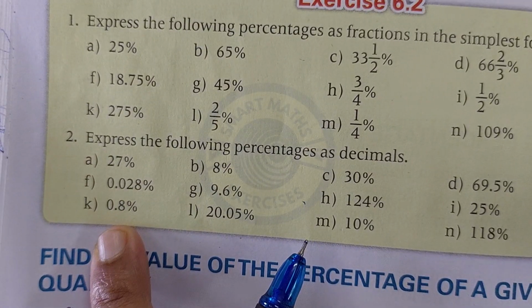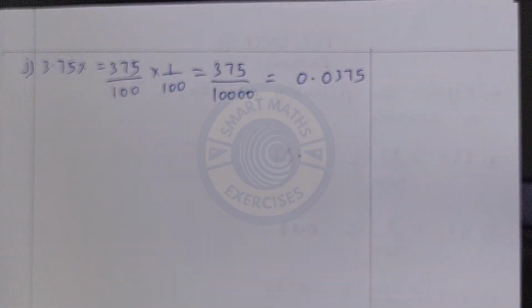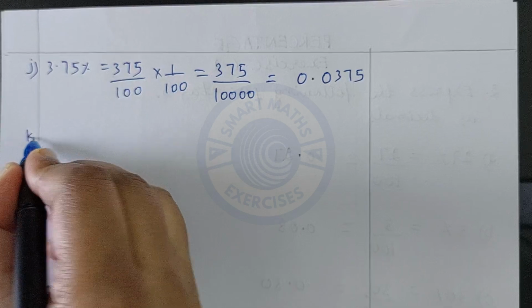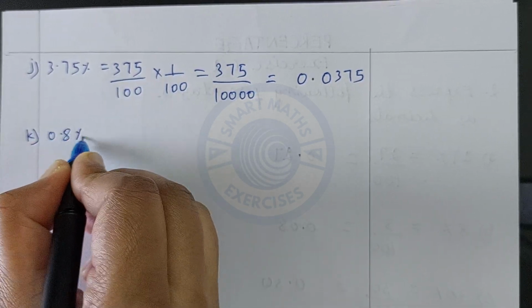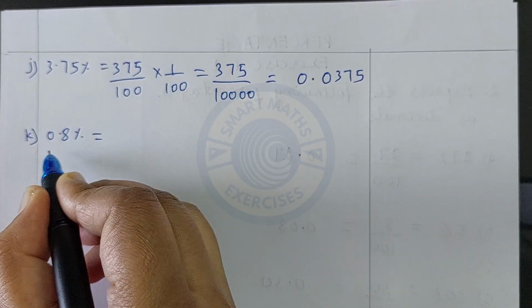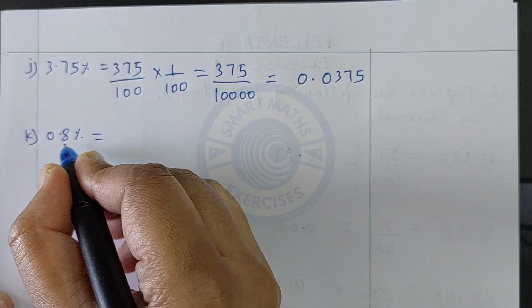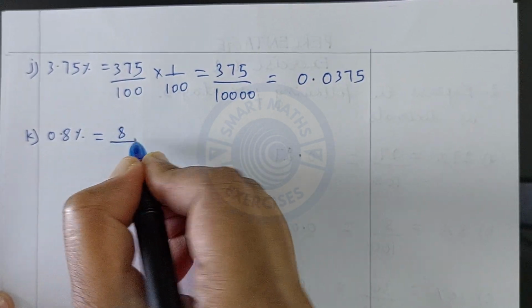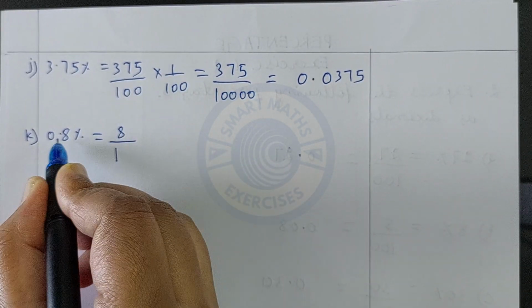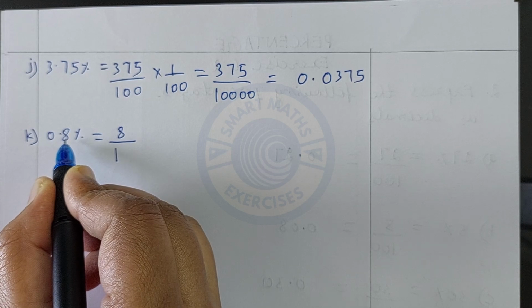Next question, K, 0.8%. This number is a decimal number. So write 8 above and there is one number after the decimal point.